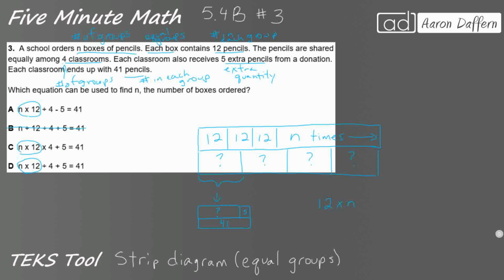Once we did 12 times n, remember we shared it equally, so that's equal groups there among 4 classrooms. So we're going to divide it by 4. Okay, so I'm looking at A and D, not C, because that's got multiplication. And then once we had that, remember we added the 5, which means we're looking at D, and that's what finally gets us to 41. So our answer is D.